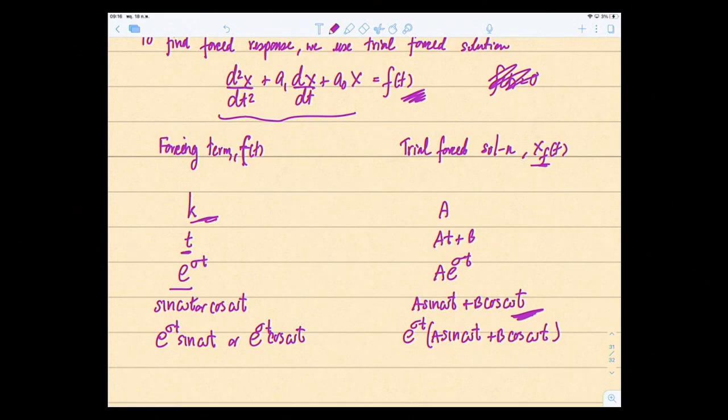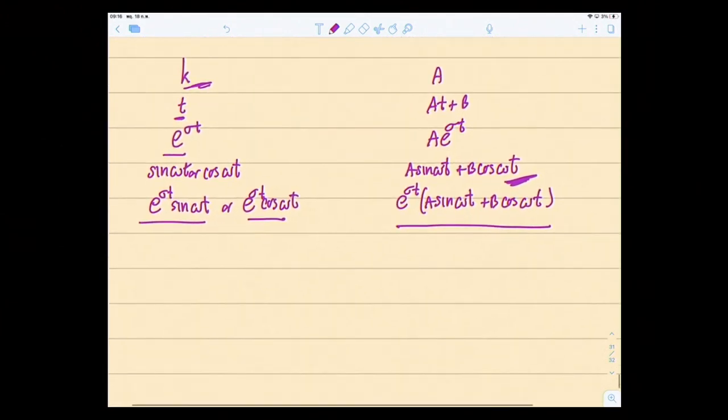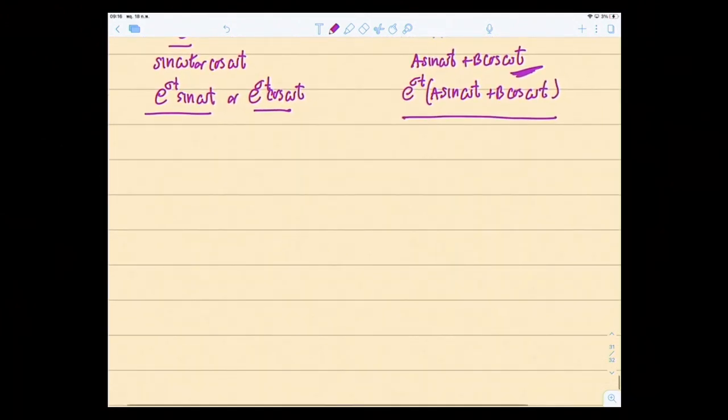If it's a combination, the product of e to the sigma t and a sinusoid, e to the sigma t sine omega t or e to the sigma t cos omega t, then you try this. Okay, so I'm going to do some examples right now of how to do this. This is example exercise 1.